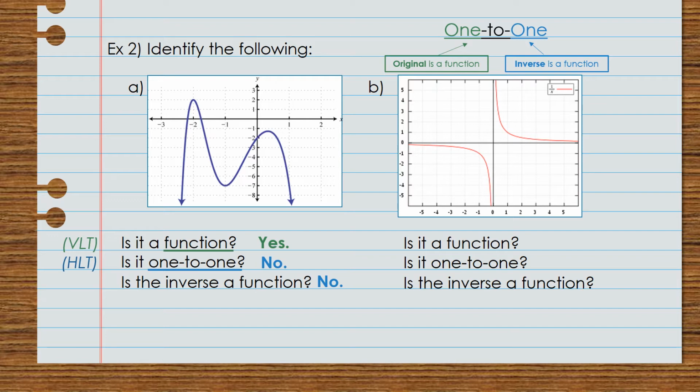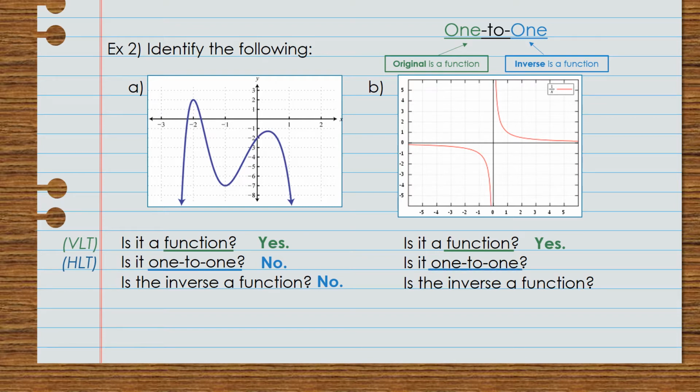For graph B, it asks the same questions. Is it a function? Because it says function, it means use the vertical line test. And notice the graph would pass the vertical line test, so yes, this is a function. For the second question, it asked, is this one-to-one?